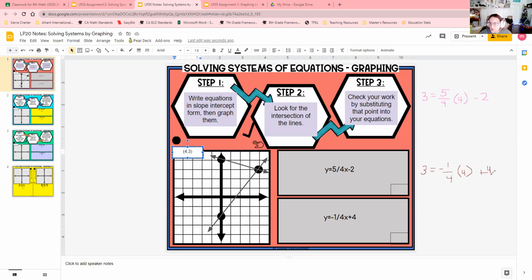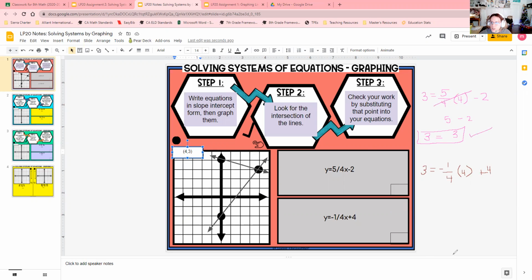And now we're just going to solve it real fast to see if we get the same thing on both sides. So 5 divided by 4 times 4, well, that cancels. And we have 5 minus 2, which gives me 3. And 3 does in fact equal 3, so it works out on this equation.